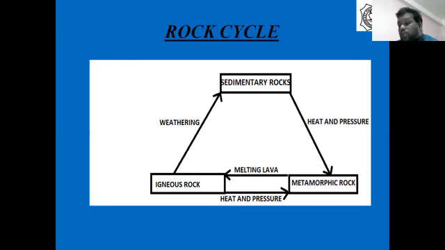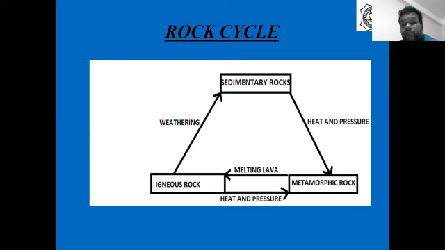The change of one rock into another type under different conditions is known as the rock cycle. What happens? First of all, igneous rocks are formed from the melting lava by the process of solidification.